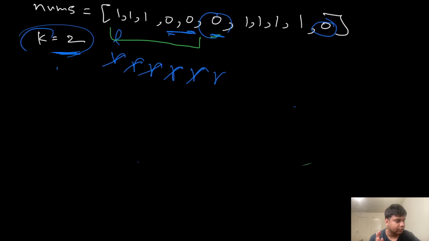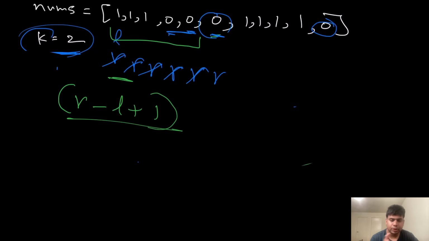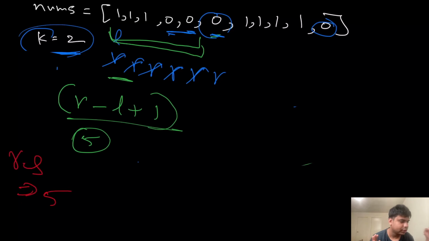The size of the window is given by R minus L plus 1. Keep recording this. So at this point, the size of the window will be 1, 2, 3, 4, 5. So you will have a global res, which is 5 for now.